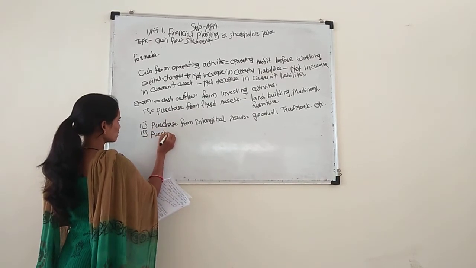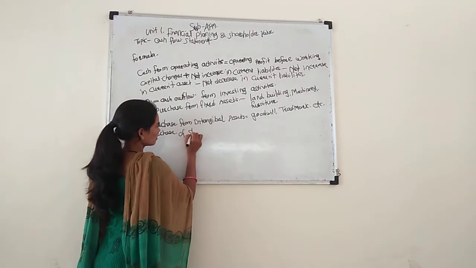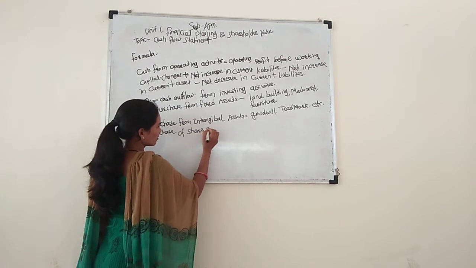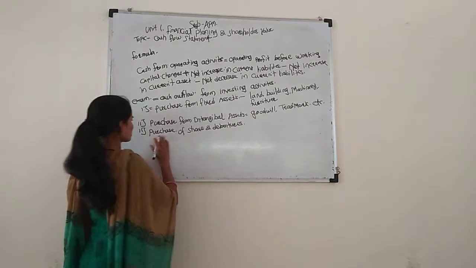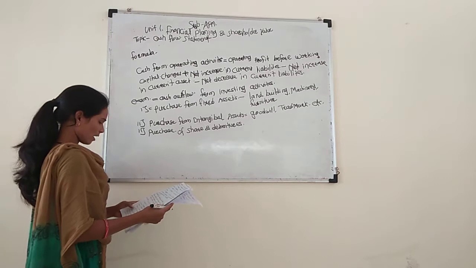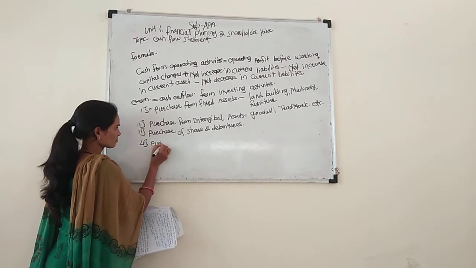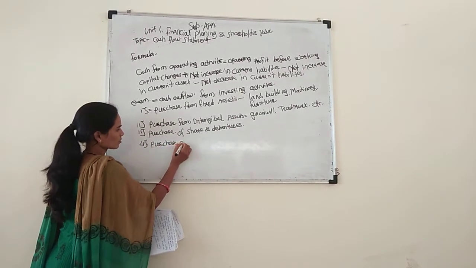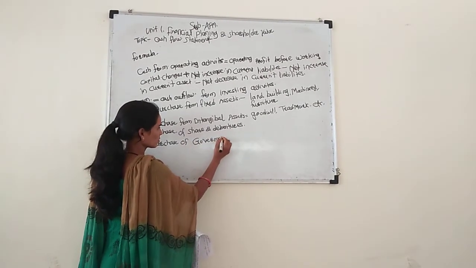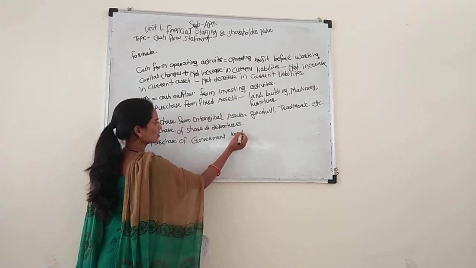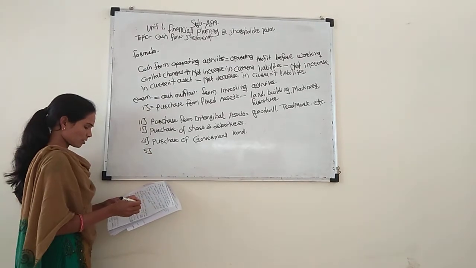Next is purchase of government bond, and then loan made to third parties.